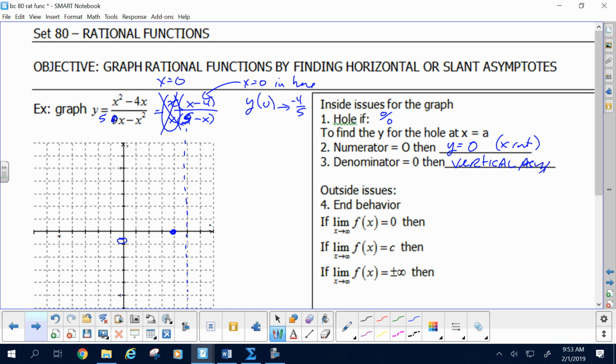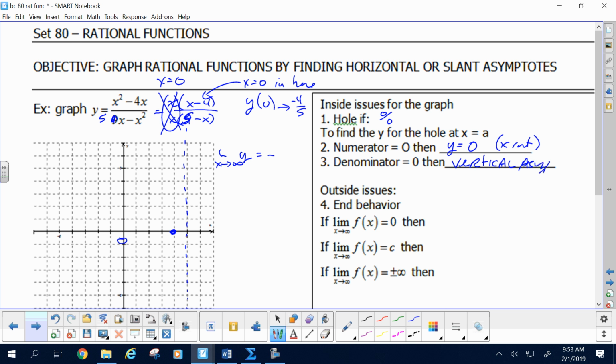Now, the next part of this, we'll do slightly differently than a pre-calc way because you guys know limits. As far as what it'll do on the far edges, as x goes to infinity or negative infinity, that goes to end behavior. As x goes to infinity, what does this approach? The limit as x goes to infinity, what does it approach?